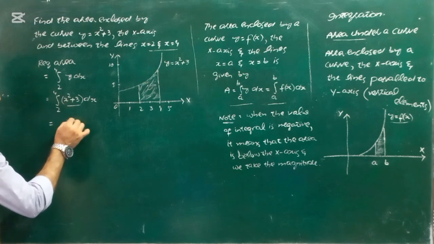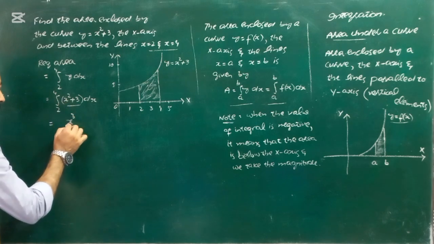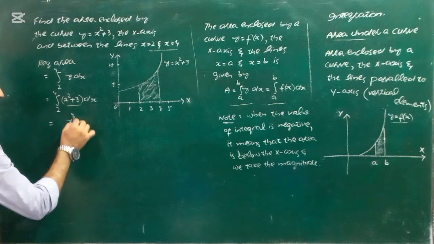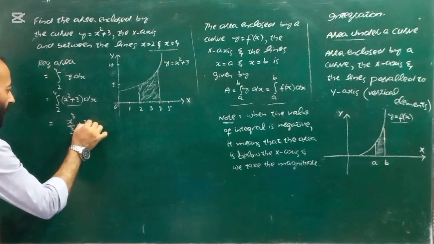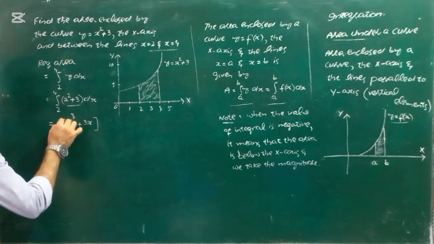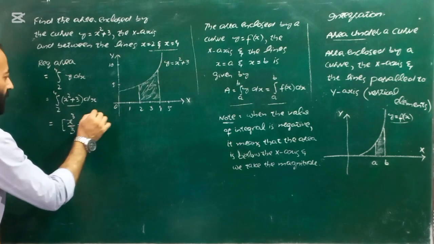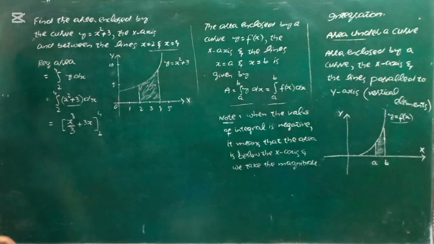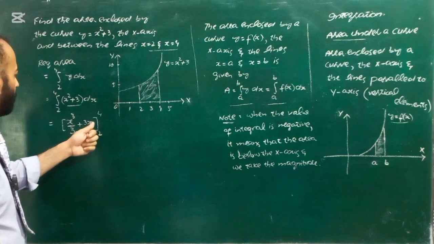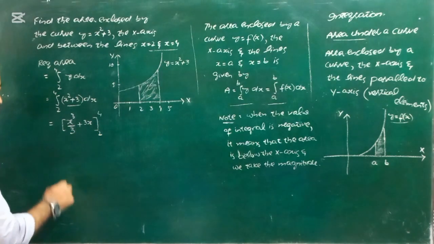So the integral of x squared will be x cubed over 3, and the integral of 3x will be 3x squared over 2, and the lower limit will be put in the lower corner, the upper in the upper corner. Now we will apply the limits. That will be upper limit minus lower limit.